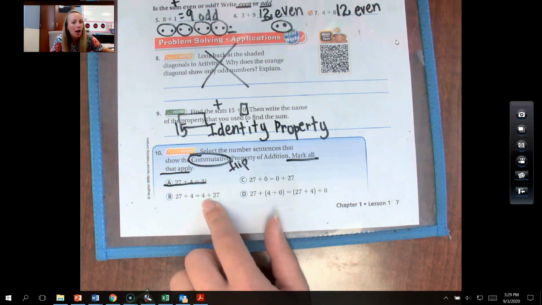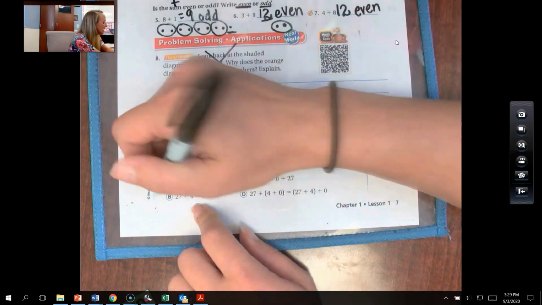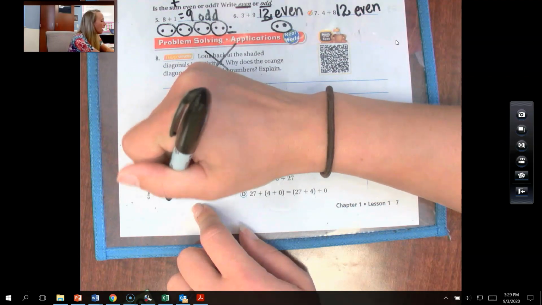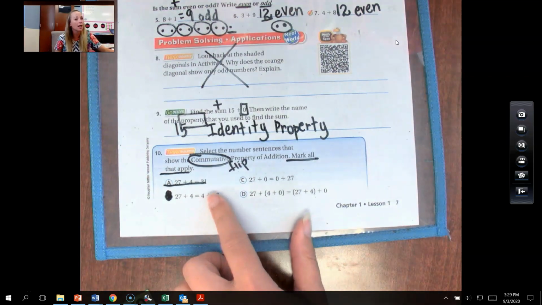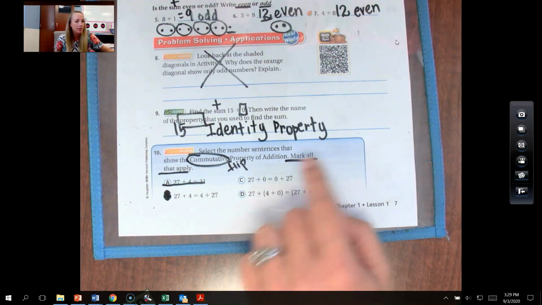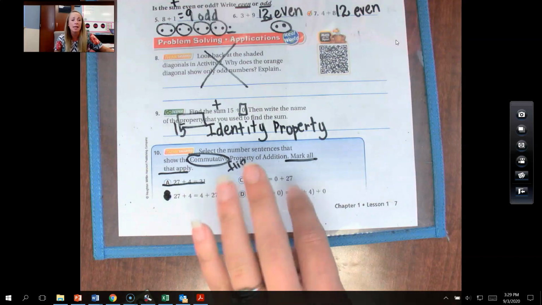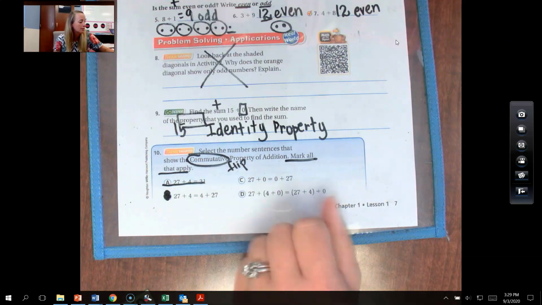Did they flip-flop those numbers? They sure did. This is an example of the commutative property. But we are not done because it says mark all that apply. That means I pick as many as I can that are the right choices.